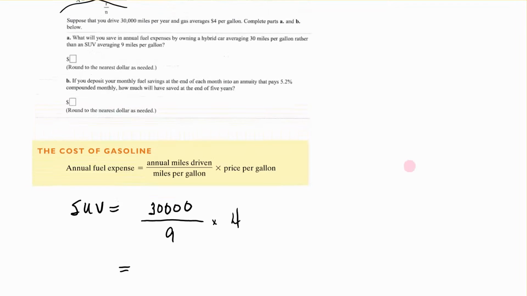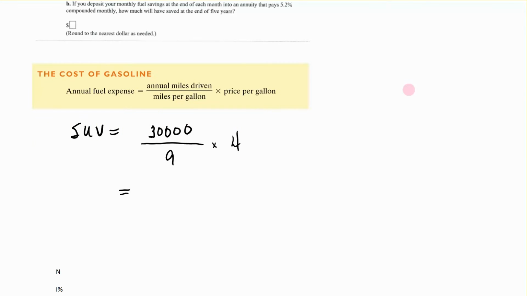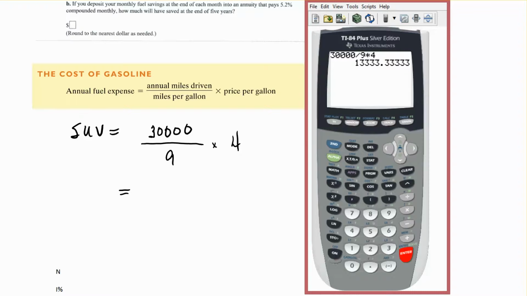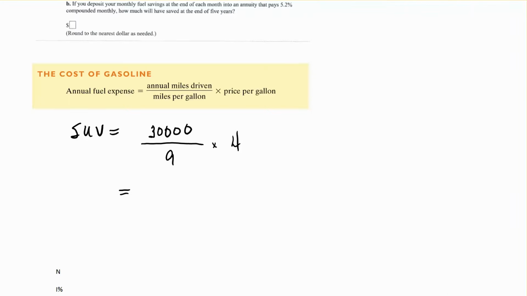And let's see, it says round to the nearest dollar. So it's going to be $13,333. This is money per year. Annual fuel expense.